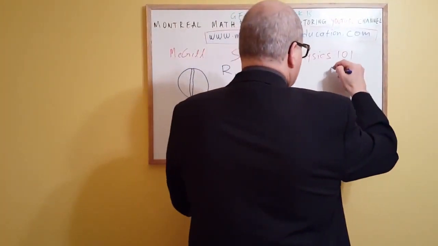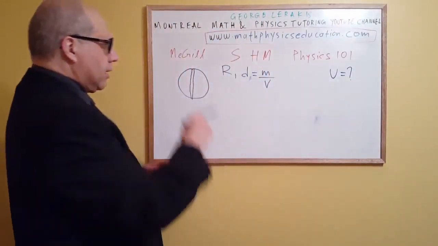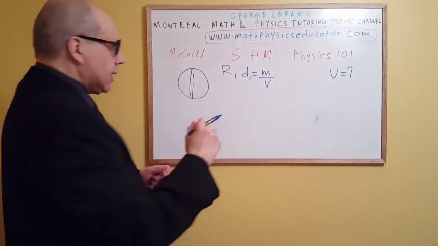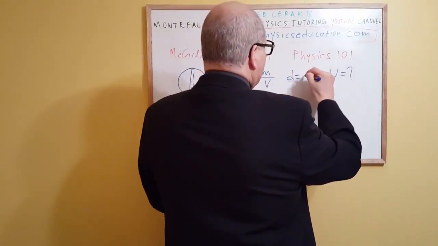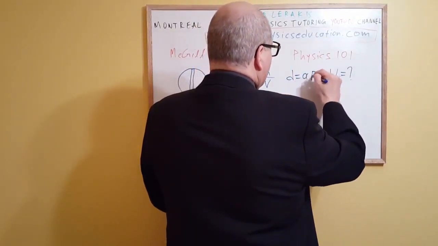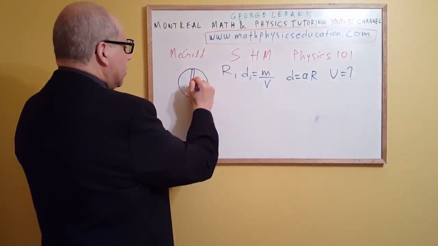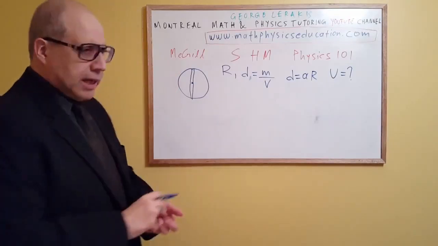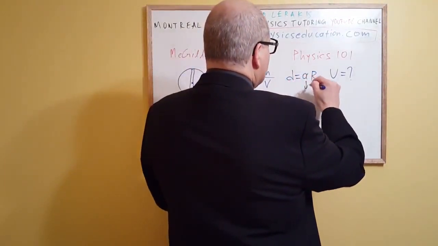So what's the speed when this message is at distance d equal to a times r from the center of the planet, and of course this a has to be less than 1.